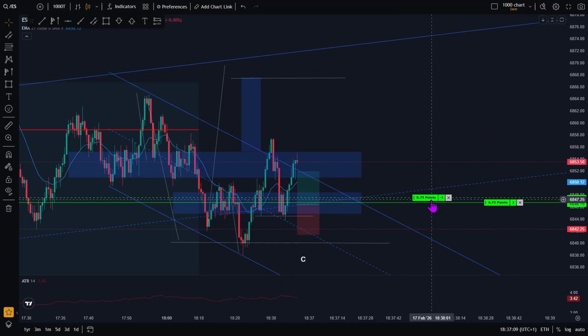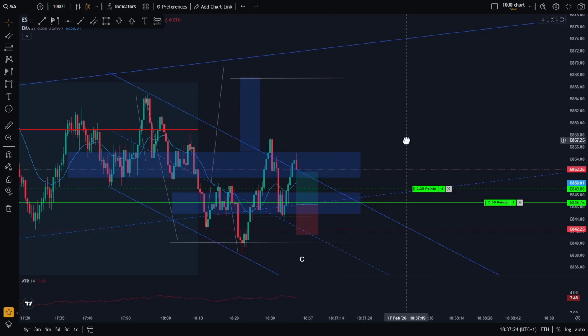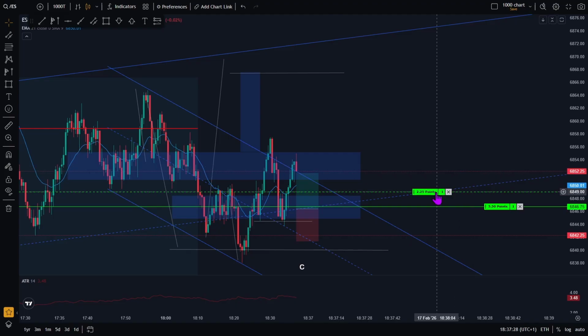We could also say, if this pin bar fails, we could also exit. So this could be one option, but I think price is gonna rotate back up again to this level, which is the oscillation level.